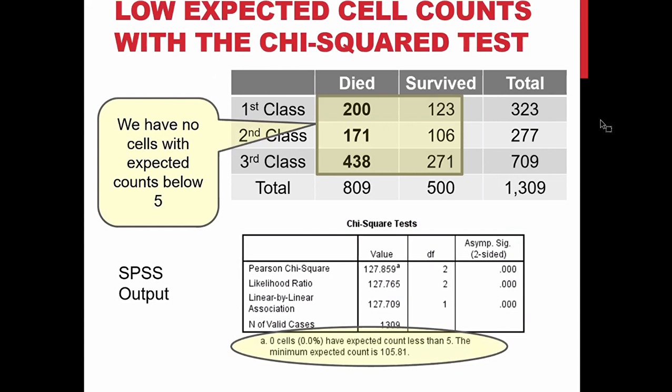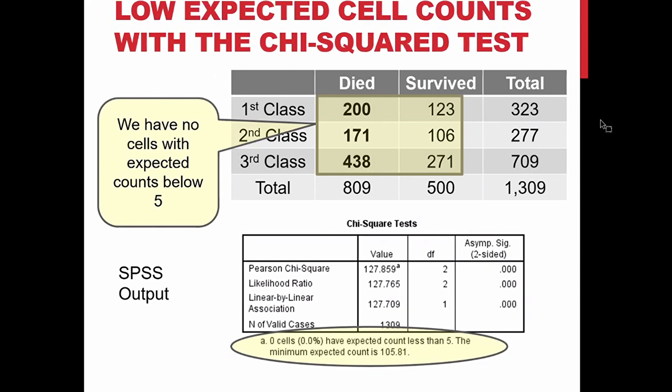So you cannot use the chi-square test if there is a figure less than 5. This is a 2 by 2 table, and later we'll be looking at the qualifications in using the chi-square test.